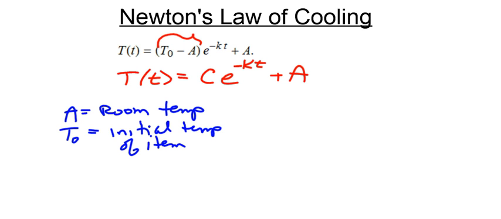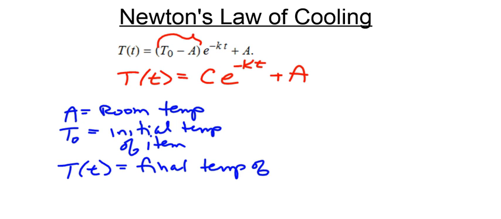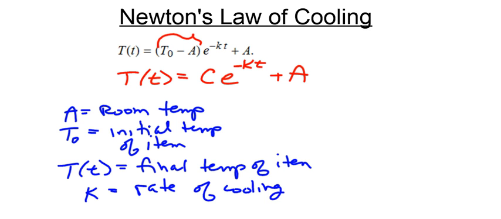And then we're going to have T, which is the final temperature of the item. And then we want to have the K, which is the rate of cooling. And little t is time. How long is it taking to get there?